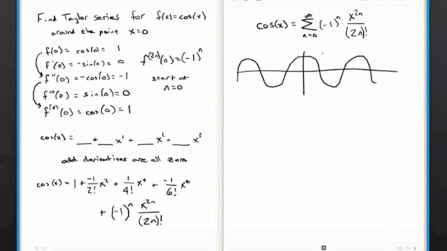So cosine really is an even function, composed of even powers.